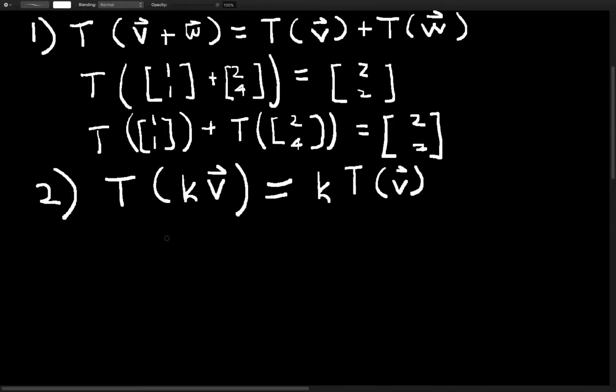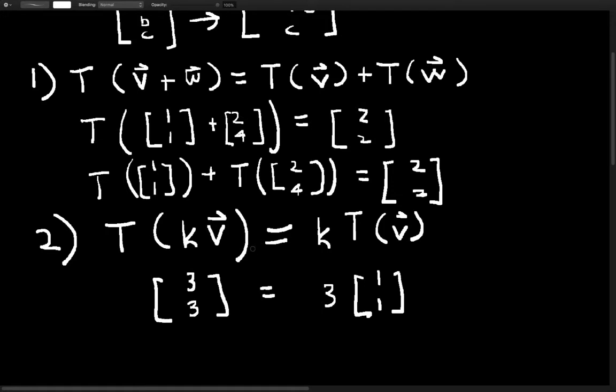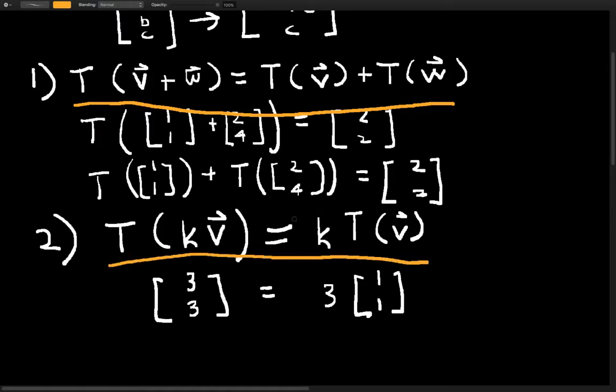So if this results in (3, 3), T of v better just be (1, 1), and then we can multiply 3 by (1, 1) and get the same answer. So those are the 2 properties: first, that it has to hold under addition, and number 2, that it has to hold under multiplication.